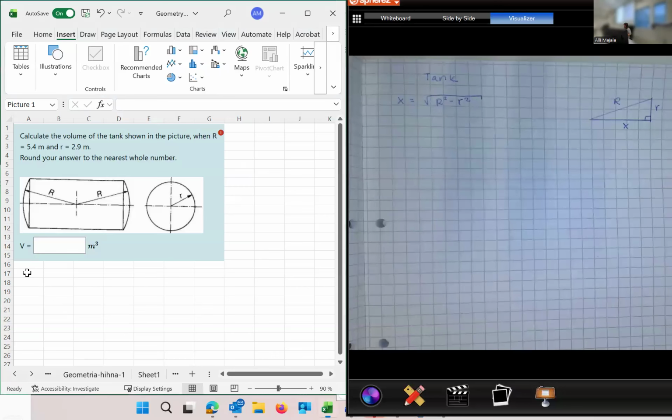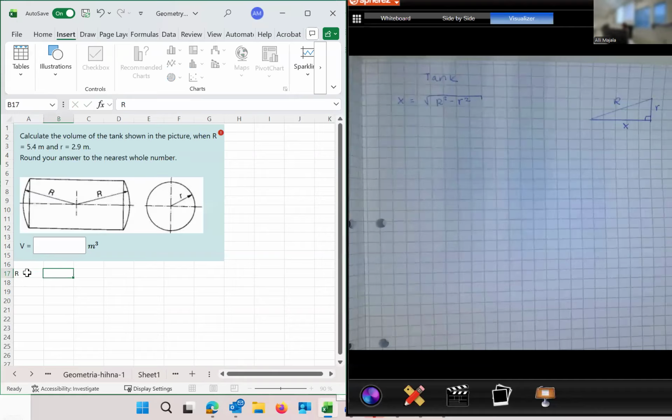And start writing here these stuffs. Big R was 5.4. This is meters. Whoops. Now I have some problem. Have to format the cell.